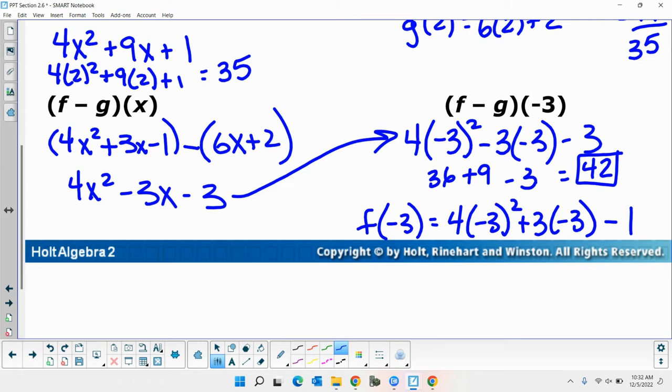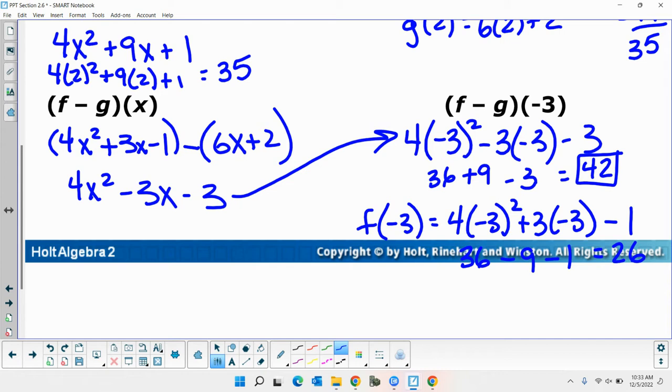I put it in correctly finally, right? That's a positive 9 times 4, that's 36. That's 3 times negative 3, that's negative 9. 36 minus 9 is 27. That's what I was saying, it was 25, that's my problem. 27 minus 1 is 26, that's where I made my mistake.